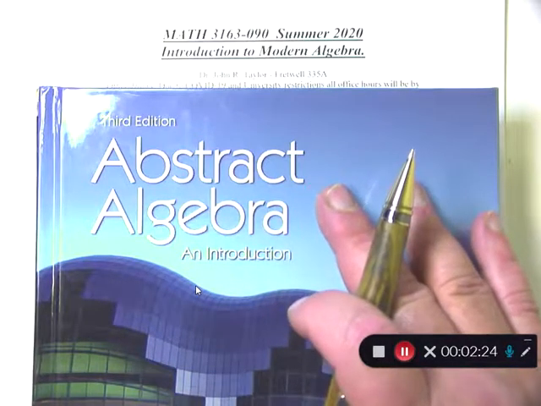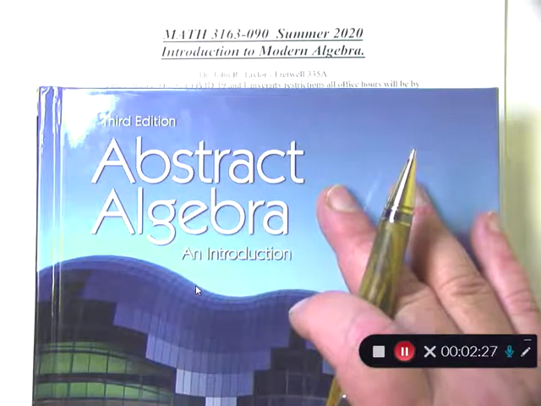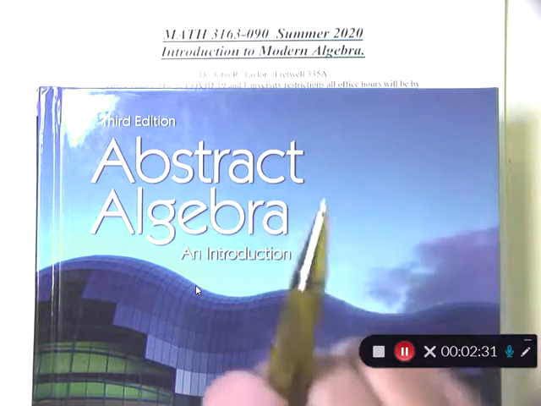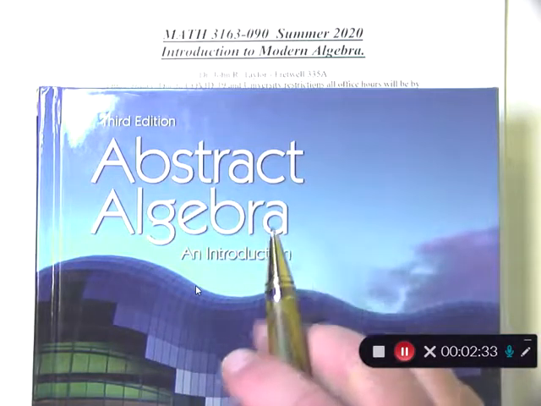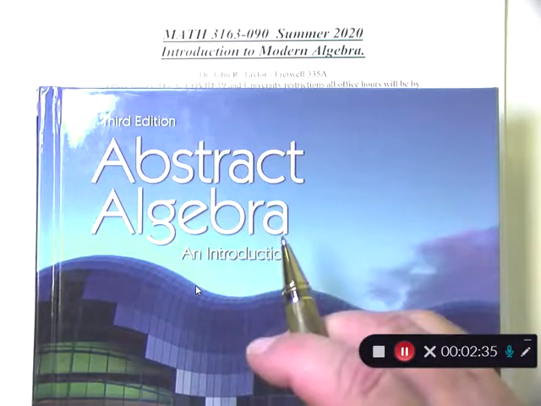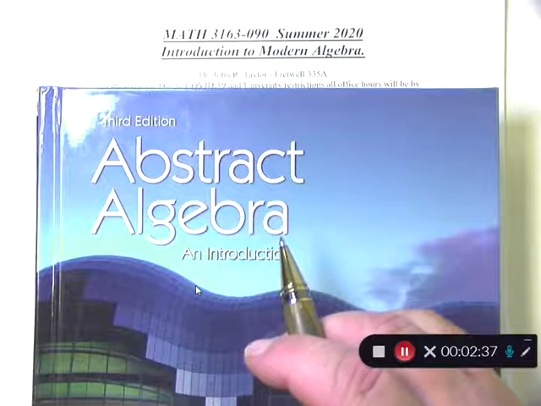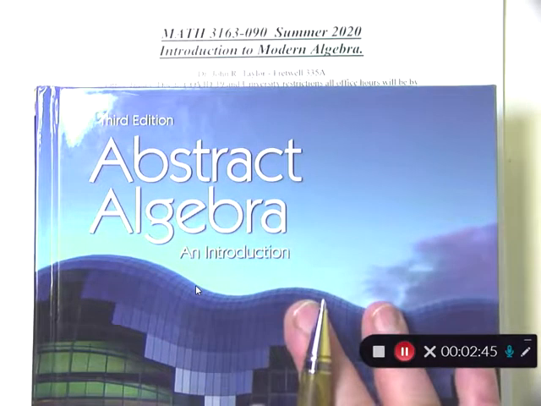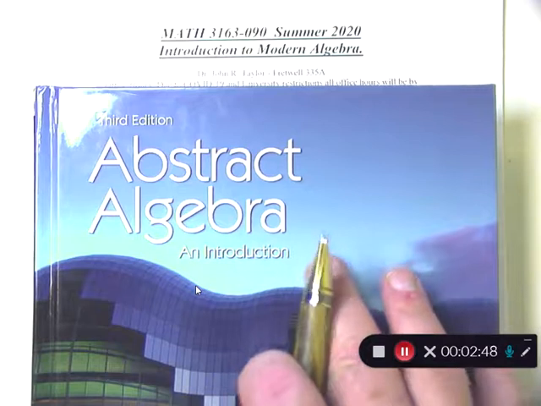The other 25% of my class are folks from the math education department. They need this class to be able to teach mathematics effectively and understand the higher level mathematics of the material they're teaching. So we have a broad range of different majors taking this course, because it's your first real math proof class.